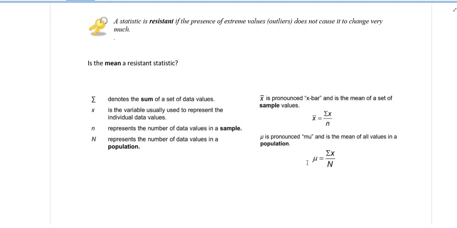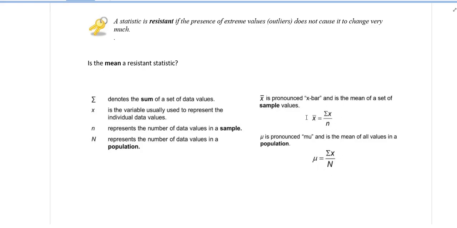So when you think about the population, like if we wanted to do something for the entire United States, we will look at the census because that gives us the data for the entire population. And so we would look at mu. If we're dealing with quantitative data, we will find the mean on something like that.